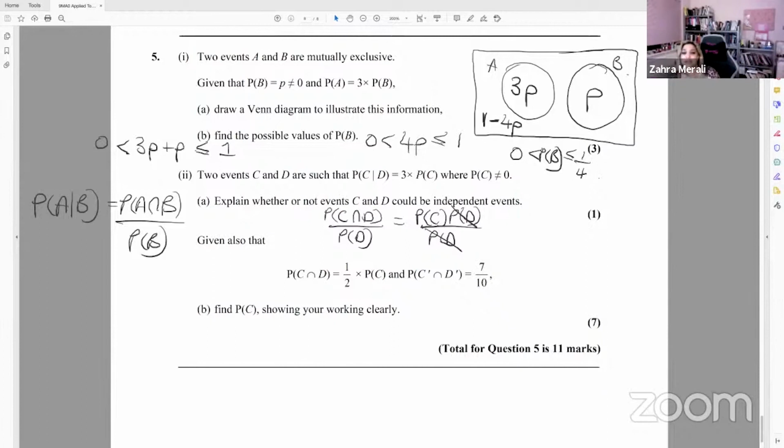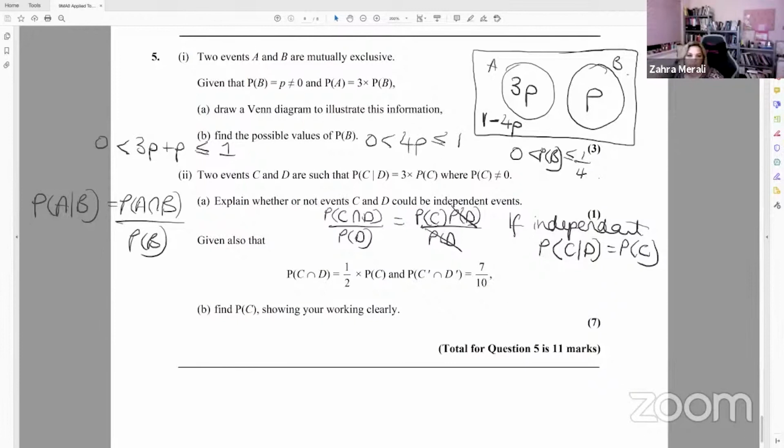But your formula book actually gives you that if they were independent, so your reason it can't be true, the C given D would just be the probability of C because they don't care about each other. So it doesn't matter if one is given or not.